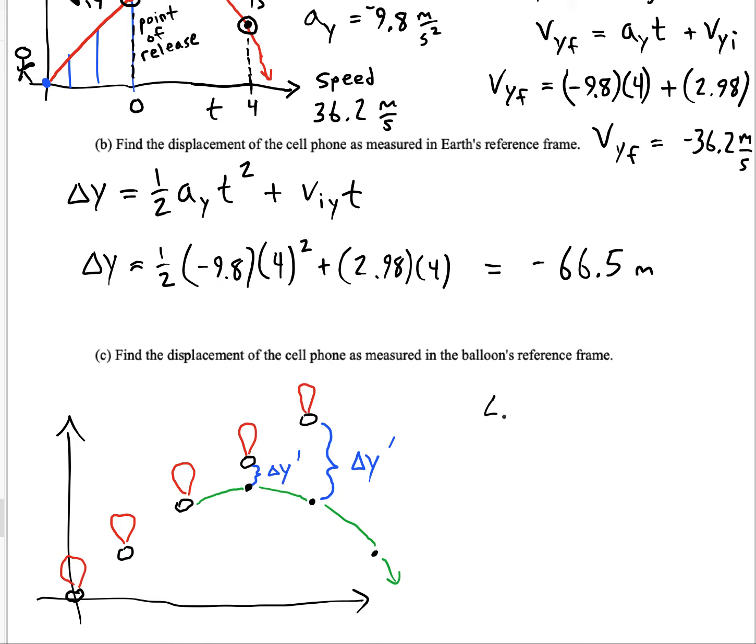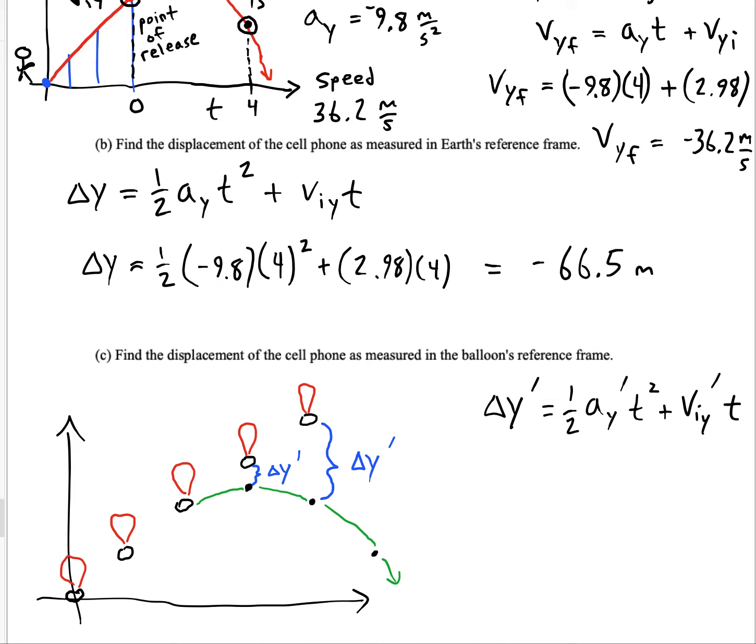Let's do a formula for delta y prime then. You'd have to use 1/2 a_y prime times t squared plus v_iy prime times t. And remember, it's not meaning derivative of those things. It's meaning relative to the balloon rather than relative to ground.